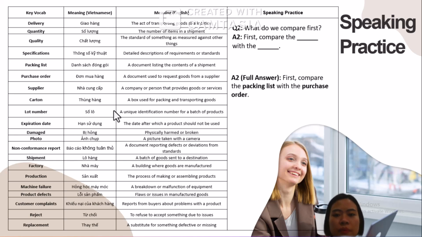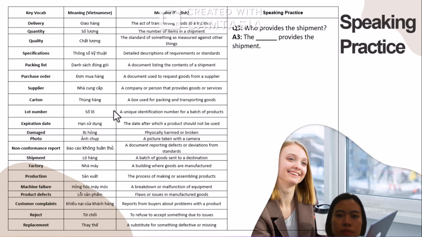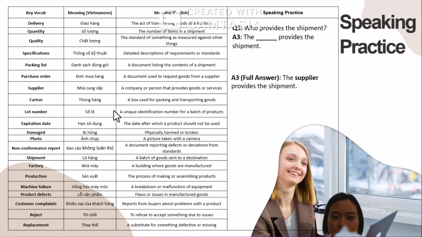First, compare the packing list with the purchase order. Who provides the shipments? The supplier provides the shipment.